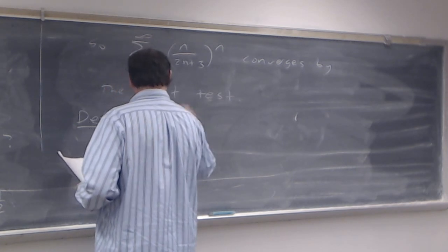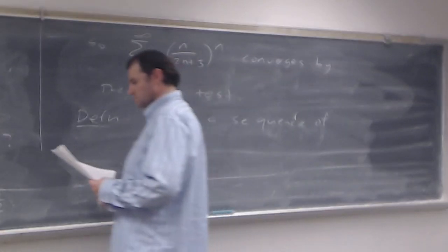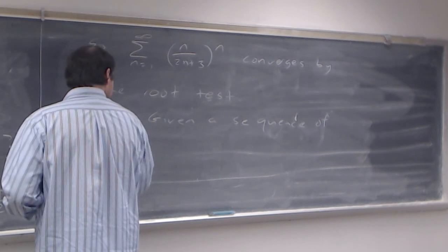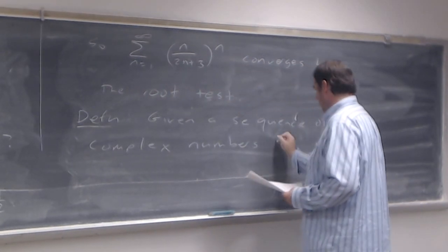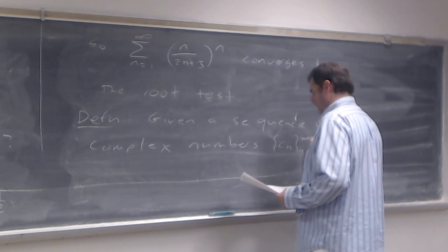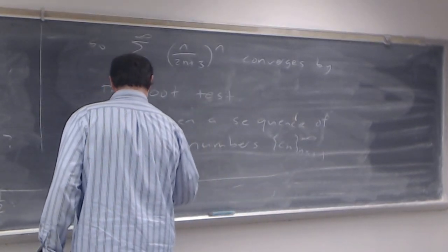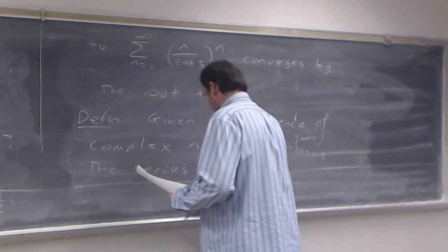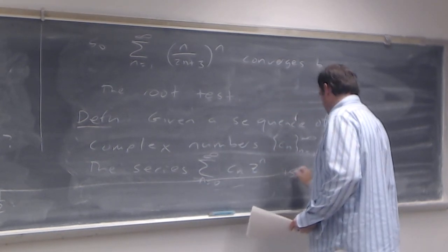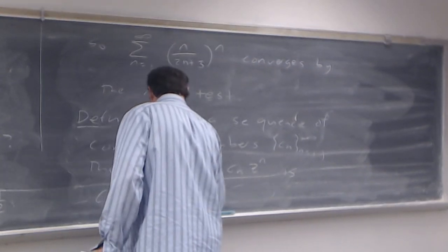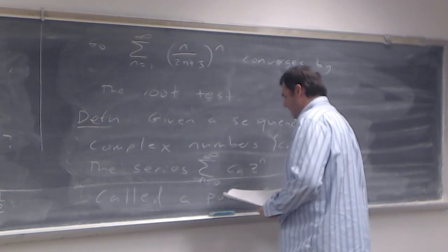It says given a sequence of complex numbers, let's call them C sub n, the series sum, and here we're going to let n go from 0 to infinity, of C sub n, z raised to the n, is called a power series. And we're thinking of z being a complex number as well.